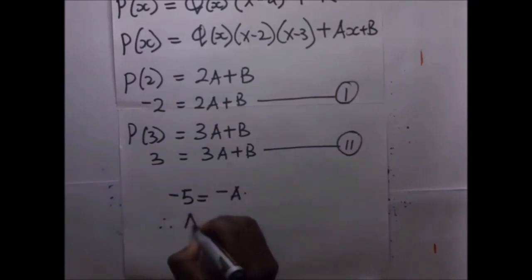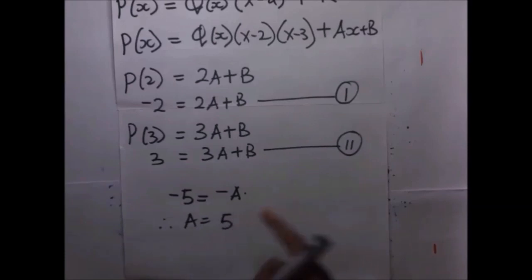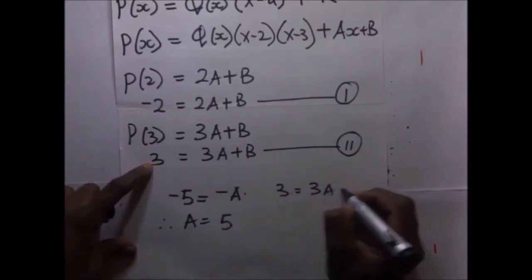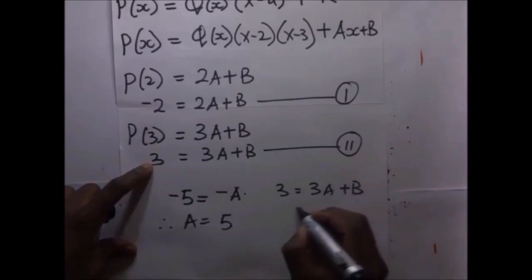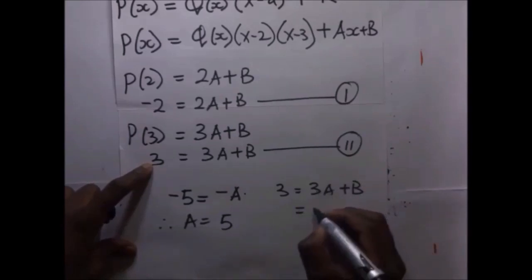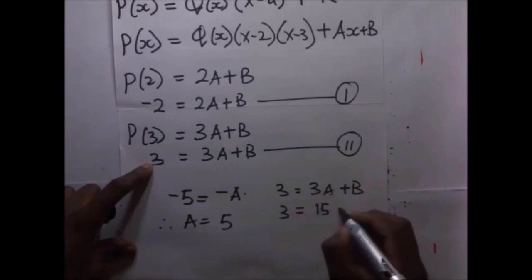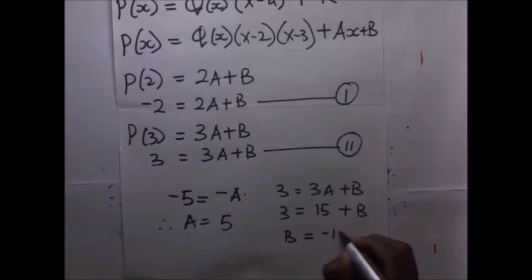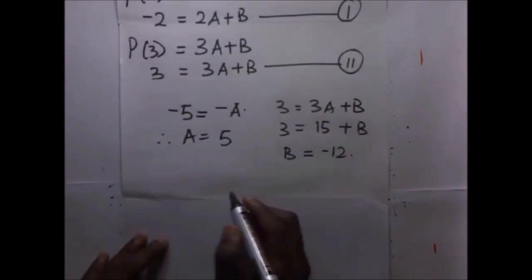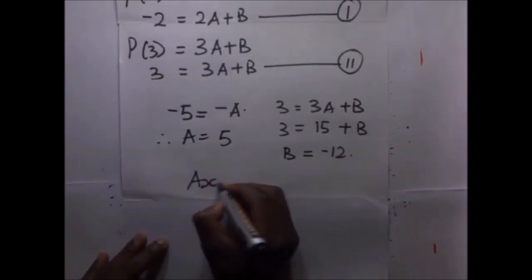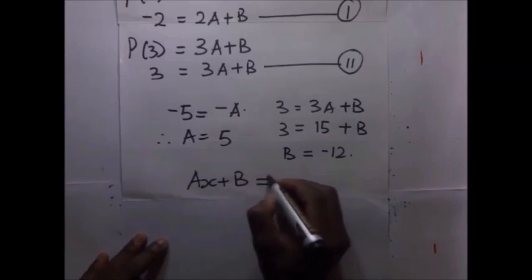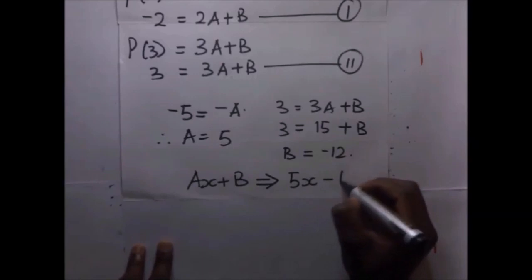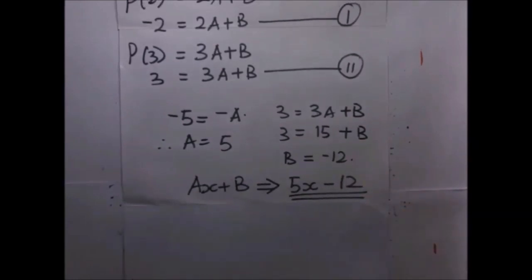So our value of a is going to be 5, and when you put 5 in 3a plus b, 3 times 5 is 15, so our value of b will be negative 12. Substituting all this in our ax plus b, the remainder is 5x minus 12. And that's the remainder.